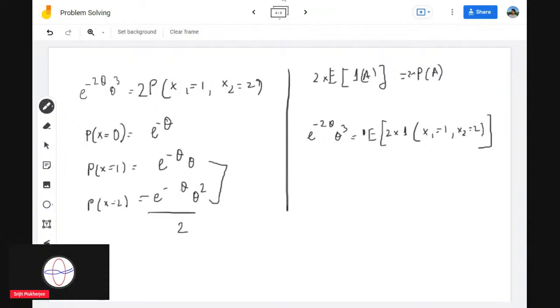From this indicator random variable idea, we get that. Did you understand this? I hope Dibbangana is understanding because it was a hard doubt. And she is not replying. Anyways, did you understand till this point, guys?